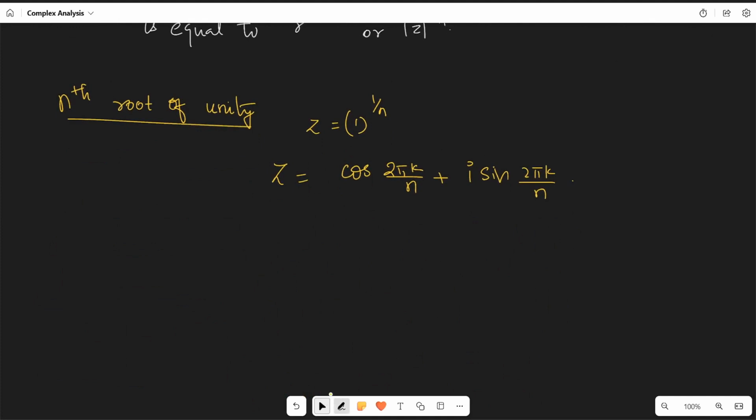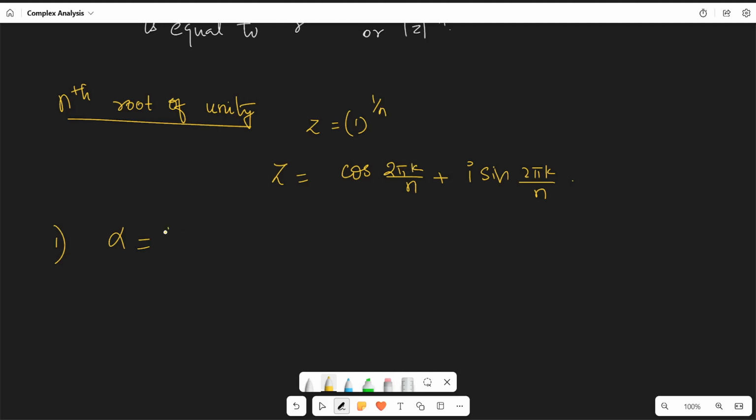So what are the properties here? First property: I will take the nth root of unity, which is z equal to cos 2 pi k by n plus i sin 2 pi k by n. Let alpha be cos 2 pi by n plus i sin 2 pi by n, that is, if I put k equal to 1.